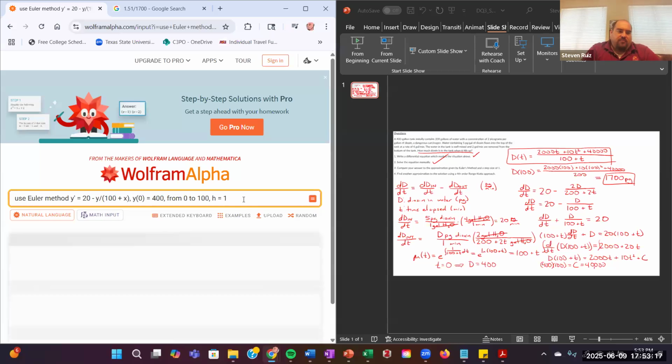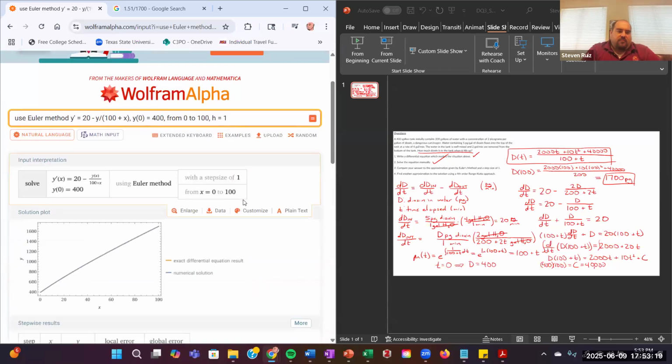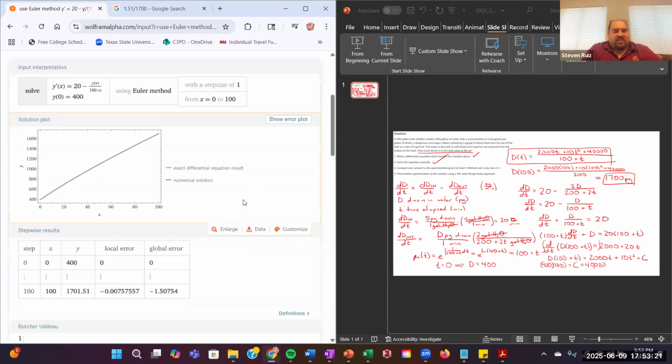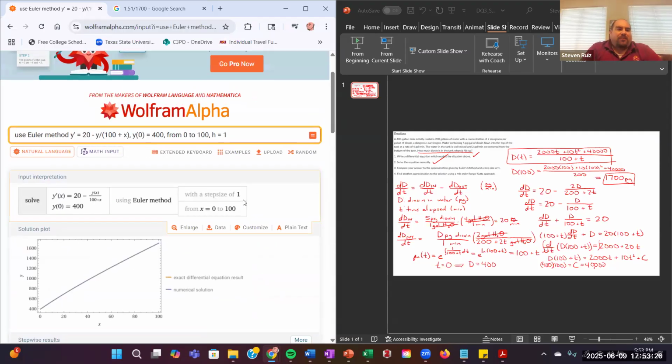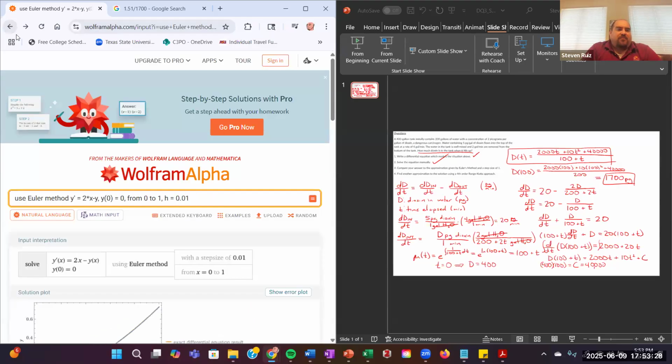This should be fine. It's exactly the same as Euler. Oh, wait, it says using Euler. That's why it's exactly the same.